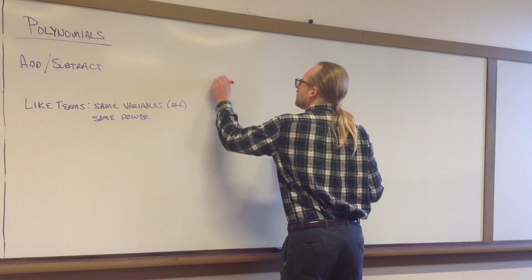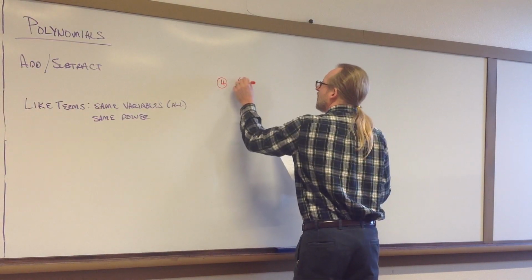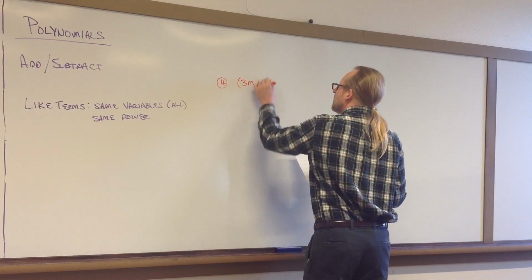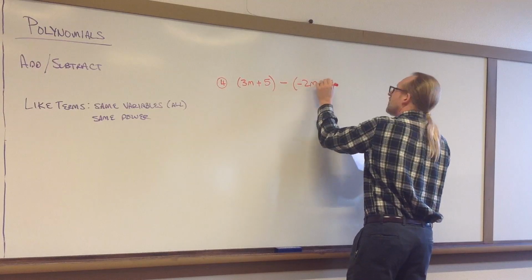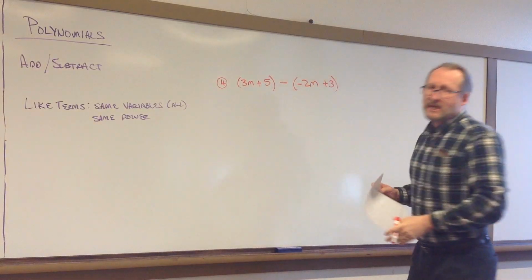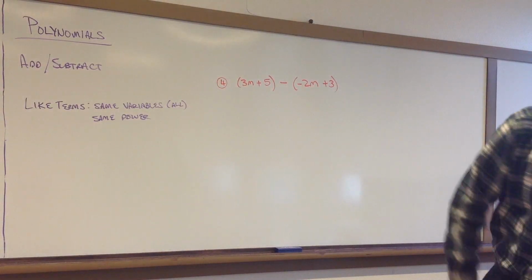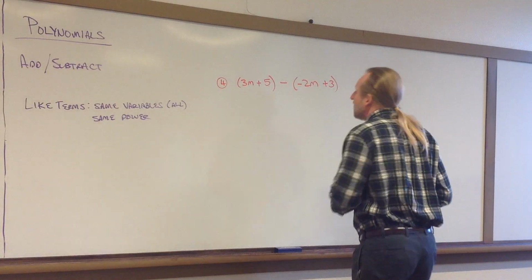Okay. Problem 4, we start out 3m plus 5 minus negative 2m plus 3. So here is something to keep an eye out for. This is what I was saying last time.